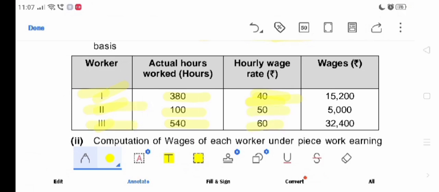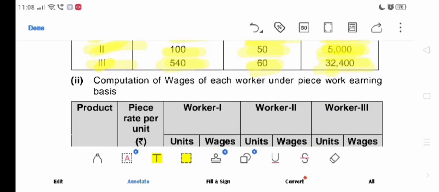So 380 hours worked into 40 is 15,200, 100 hours at 50 rupees per hour is 5,000, and 540 hours at 60 rupees per hour is 32,400. So these are the guaranteed hourly rate basis earnings for workers 1, 2 and 3. Simple, right?